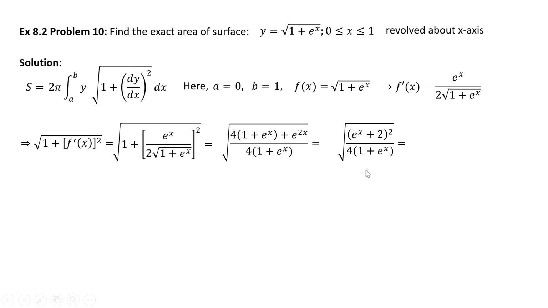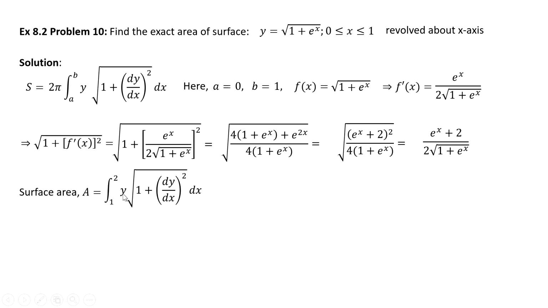Now, if we take the square root of the top because it's squared, and let's say we pick the positive root, we have this. So, the surface area being given by this, recognize that y in this case is the square root of 1 plus e to the x, right?